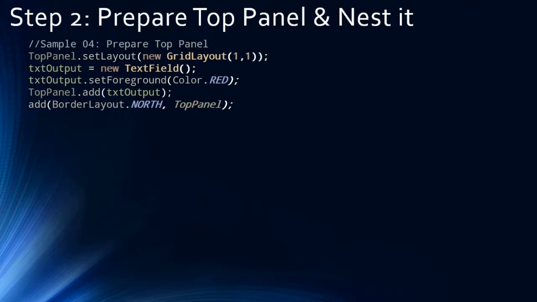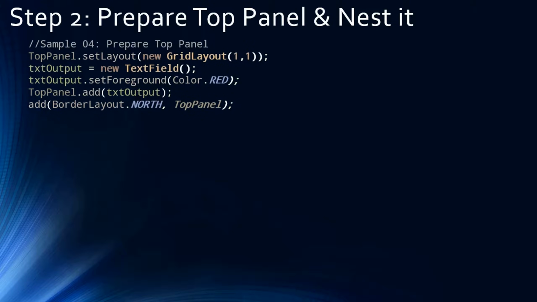So first here we are picking the first panel, which is the top panel, and we are setting the layout as a grid layout. Here we are specifying grid layout of 1, 1. That means one row, one column. So the panel, since it is set with a grid layout of 1, 1, can hold only one component.